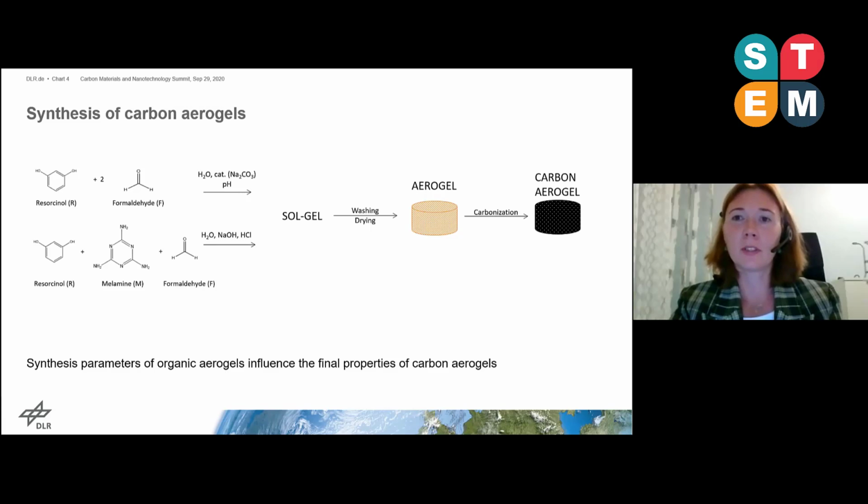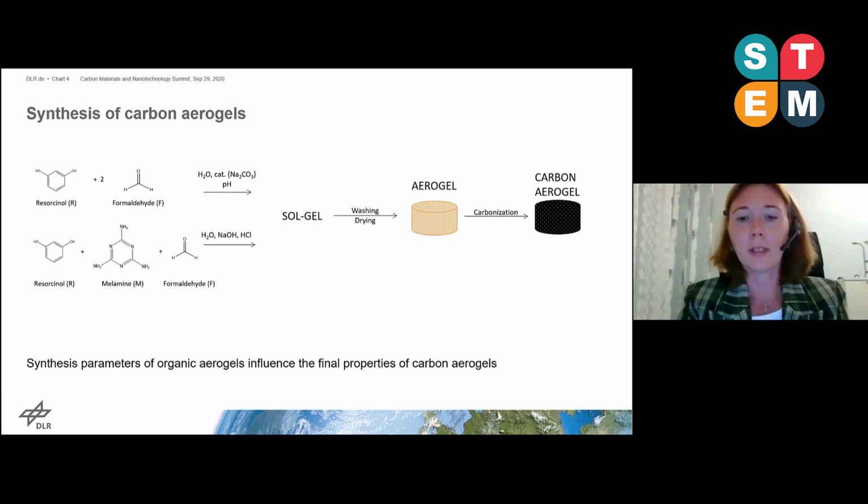After carbonization, we get the carbon aerogel. Typically carbon aerogels are monoliths, and for applications they need to be pulverized. For example, if you use carbon aerogel as an electrode material for a battery, it needs to be milled to a certain particle size, and then it can be used in a slurry for a battery.